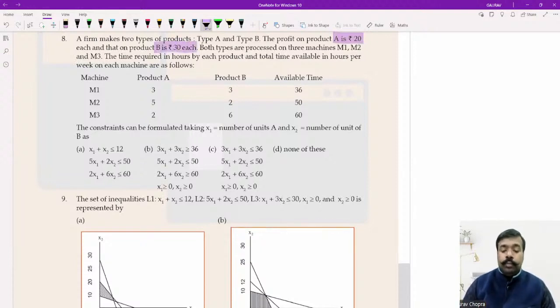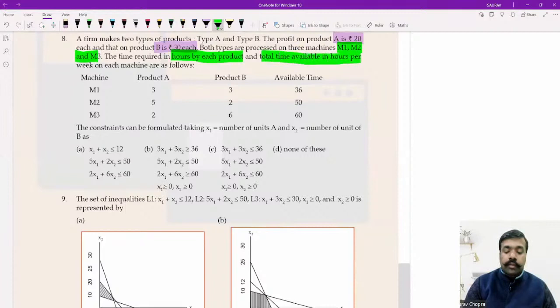Both the types are processed on the 3 machines. They are getting processed on 3 machines, M1, M2 and M3. The time required in hours by each product and the total time available in hours per week on each machine is given. Okay, so product A requires 3 hours on M1, 5 on M2 and 2 on M3. Similarly, product B requires, and the total available time is given.